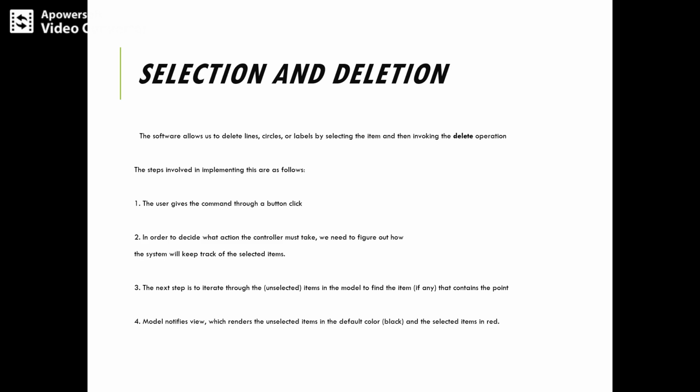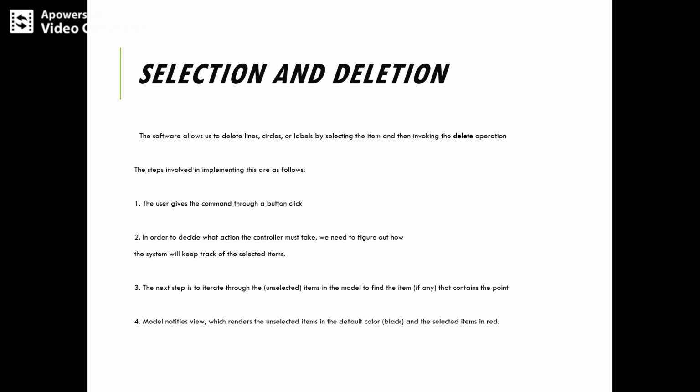Also, we can invoke selection repeatedly so that multiple items can be selected at any given time. So these are all the possibilities available in selection and deletion. Now we will discuss the steps one by one.